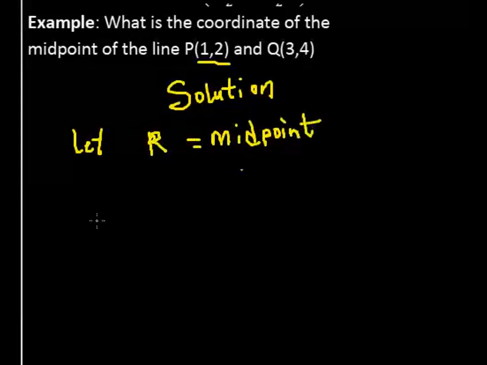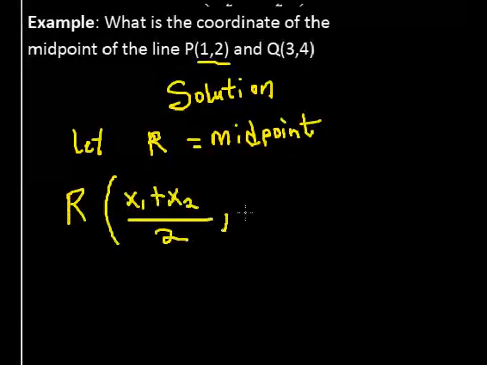All right, so that means the coordinate of R now, open bracket, remember the formula, x1 plus x2 divided by 2, comma, y1 plus y2 divided by 2.